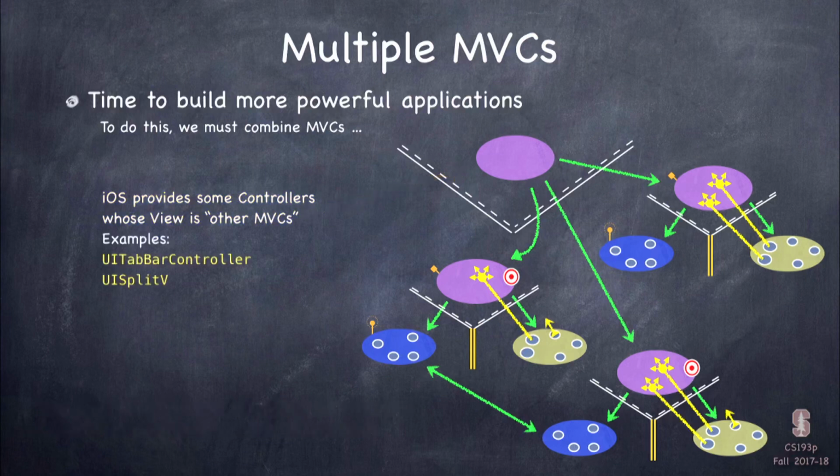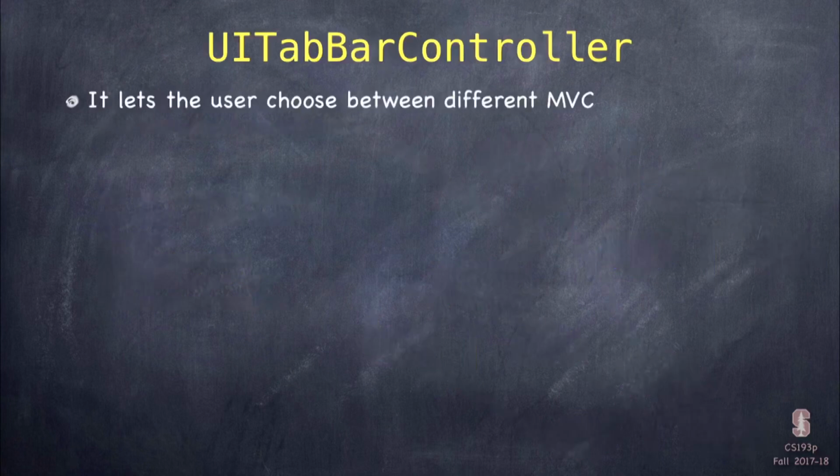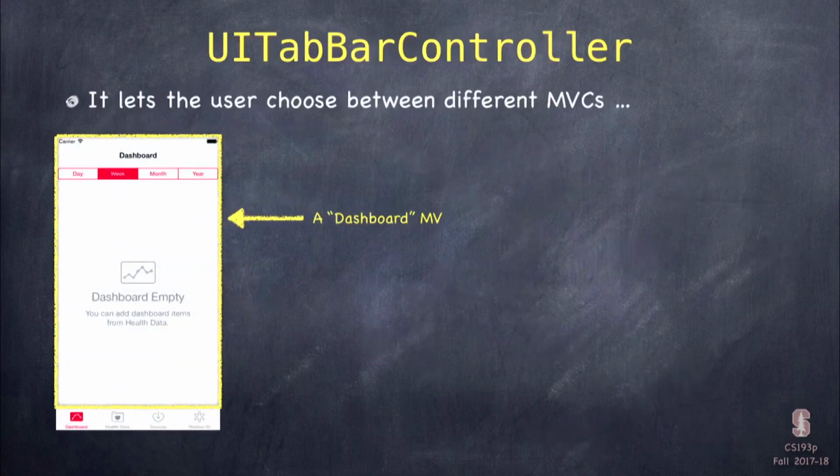And the 3 that iOS provides are TabBarController, SplitViewController, and NavigationController. Now, there are other ways to combine MVCs that we'll talk about later in the quarter, but this is the primary way that we're going to do it, with these 3 MVCs. Those 3 right there, TabBar, SplitView, and NavigationController, they are the controllers of MVCs. So let's look at them one by one.